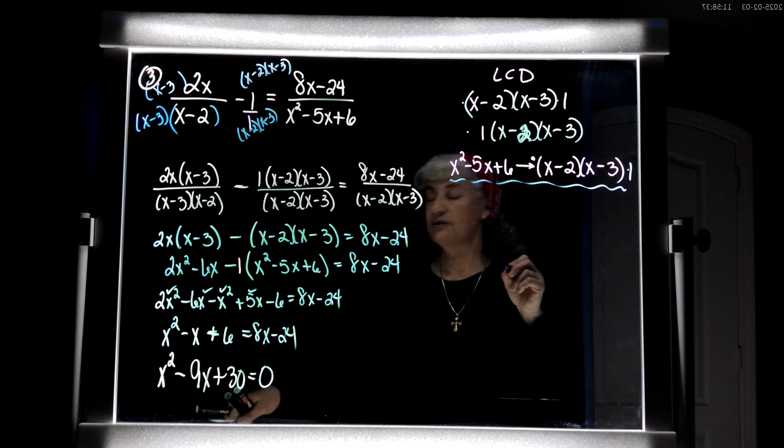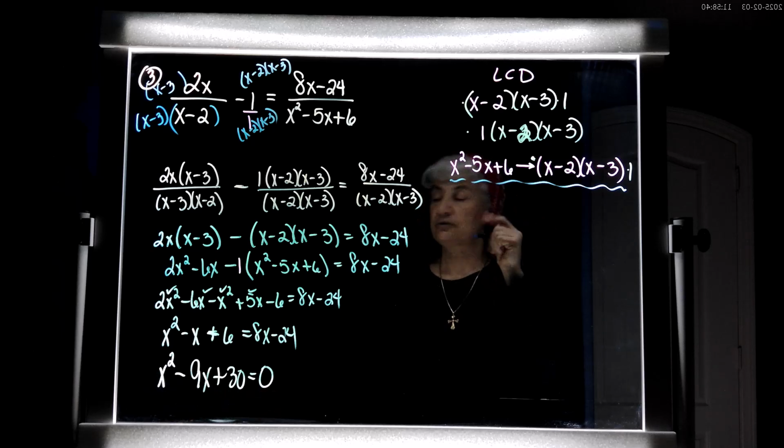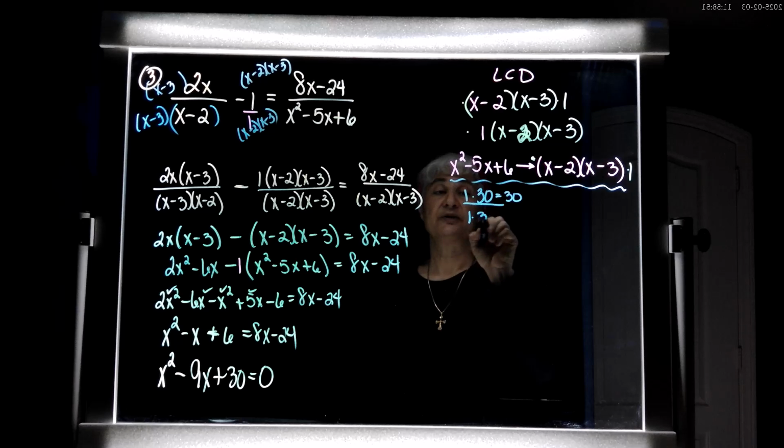Okay, so if you do 1 times 30, this is my quick showing you, 1 times 30 will give you just positive 30. So all the combinations for 30: we've got 1 times 30, both positive or both negative.